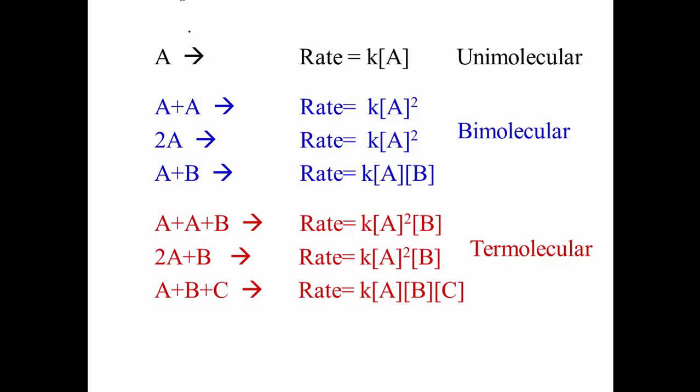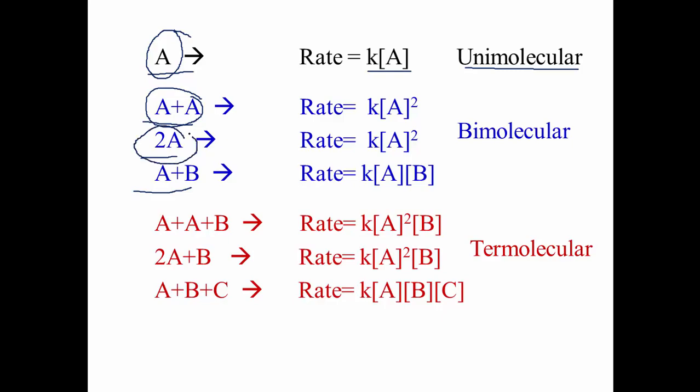So if we look here, if we just had a reactant decomposing, this would be a unimolecular rate. So that would be our rate law written from this elementary step. These three elementary steps are all bimolecular. You have two particle collisions in all of them.